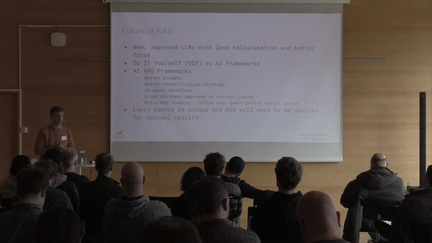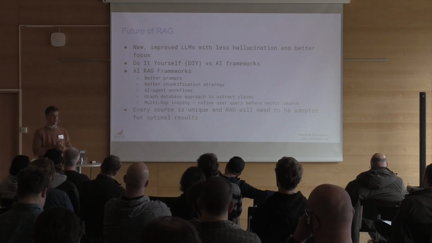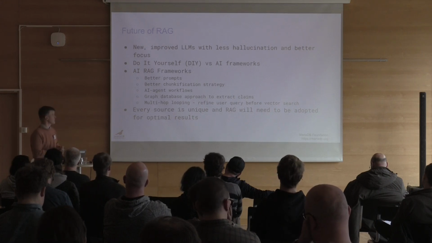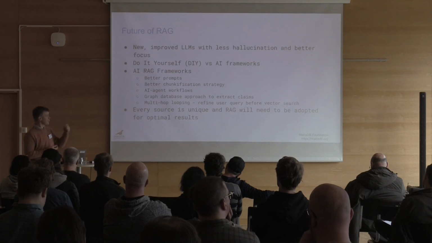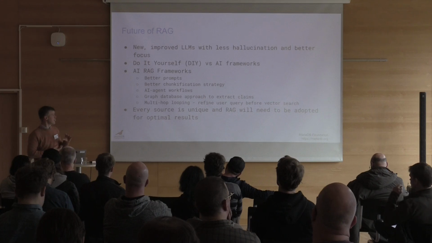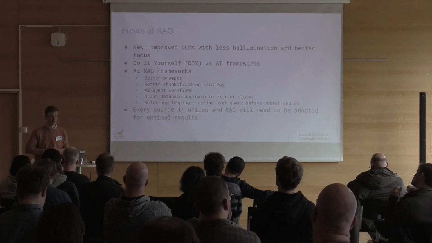The graph database approach would be that it's actually creating claims from the article, figuring out facts from the text, and then you use that in your work. And multi-hop looping, that one will make more sense maybe when we go into the vector search, but the process is refining the user query.